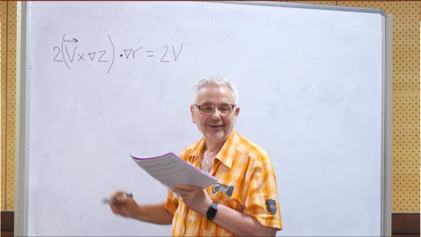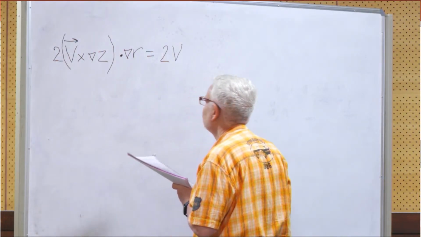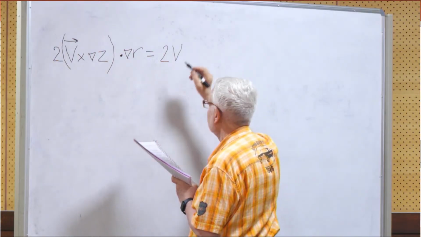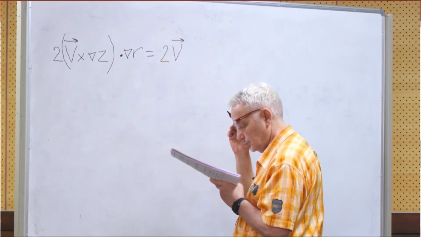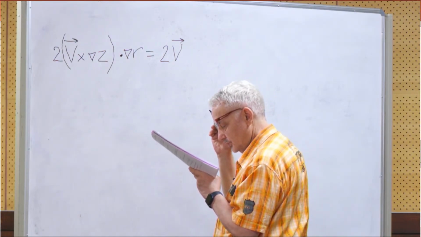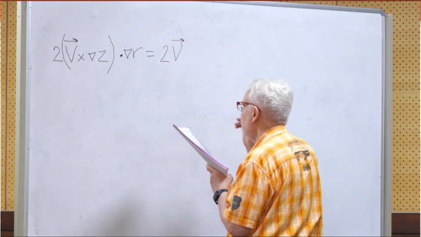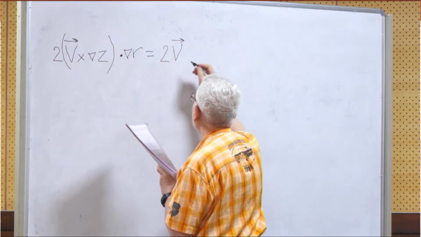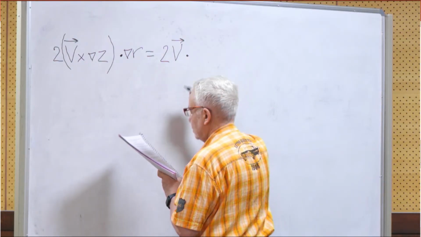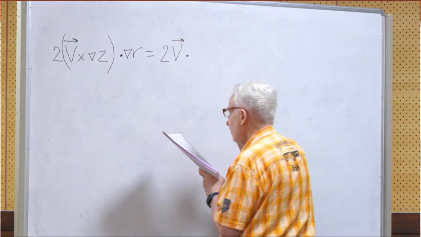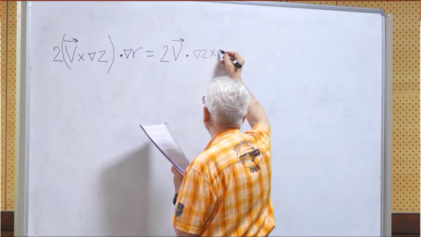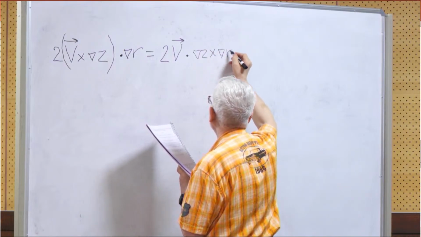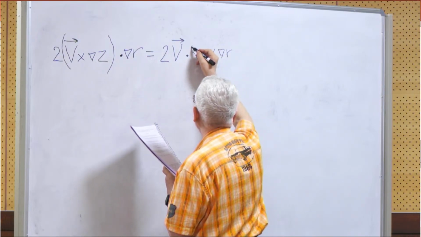So to get the radial component of the Coriolis force, you keep this and you put the dot here. Consequently, you have grad z multiplied by grad r here, and the dot is here.